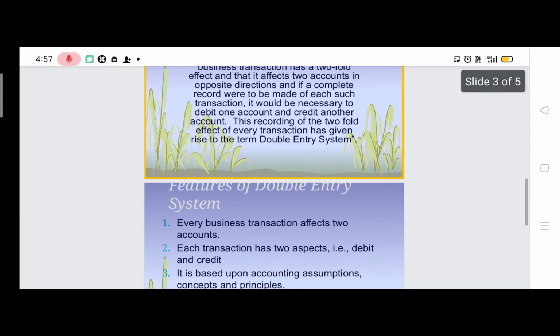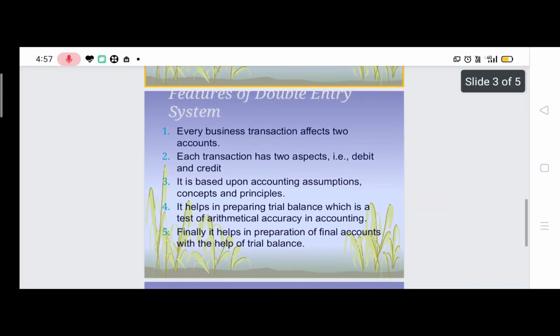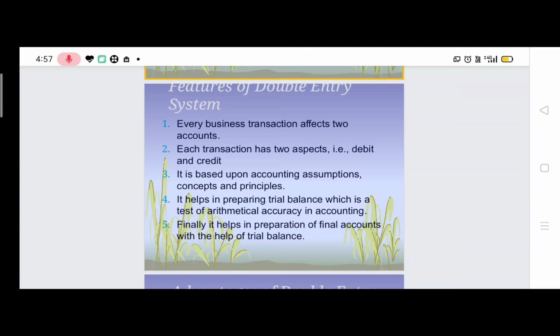Next we have the features of the double entry system. What are the qualities that make a recording system a double entry system? Every business activity has two accounts. One is debit, the other one is credit. And all this work which we are doing in the double entry system is based upon certain concepts, conventions and principles which you have already seen in my previous videos, in the previous chapter in accounts.